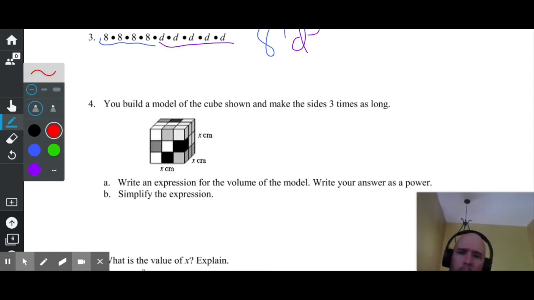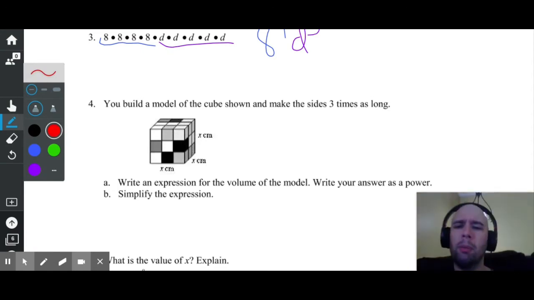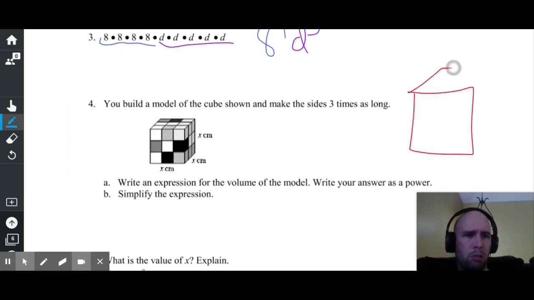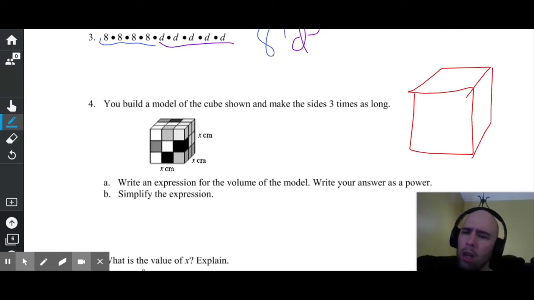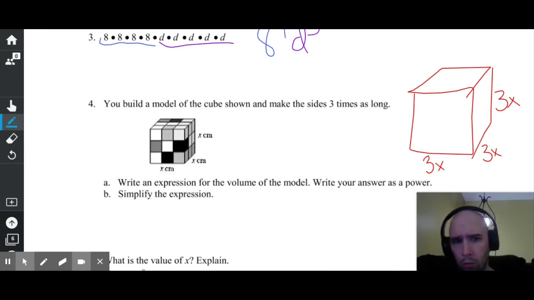So if it's going to be 3 times as long, this new cube is going to be 3x and 3x and 3x. The volume is going to be 3x times 3x times 3x.